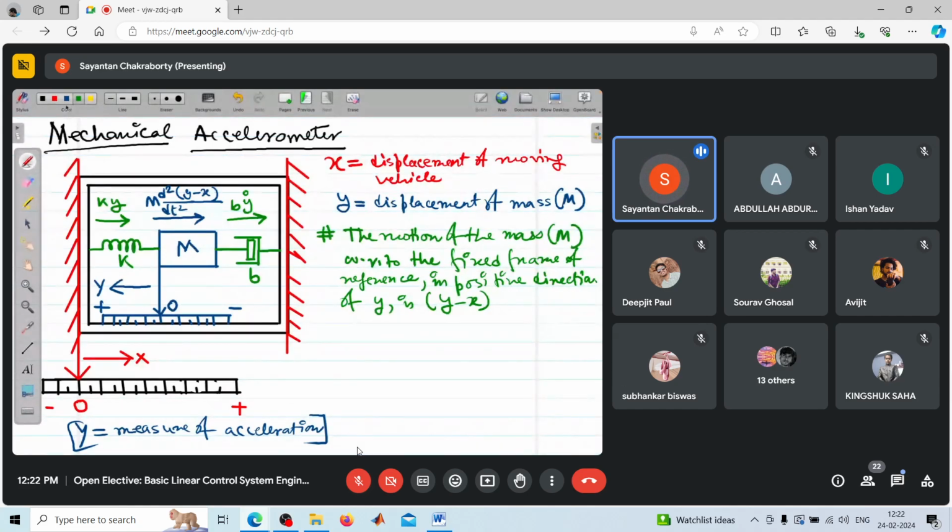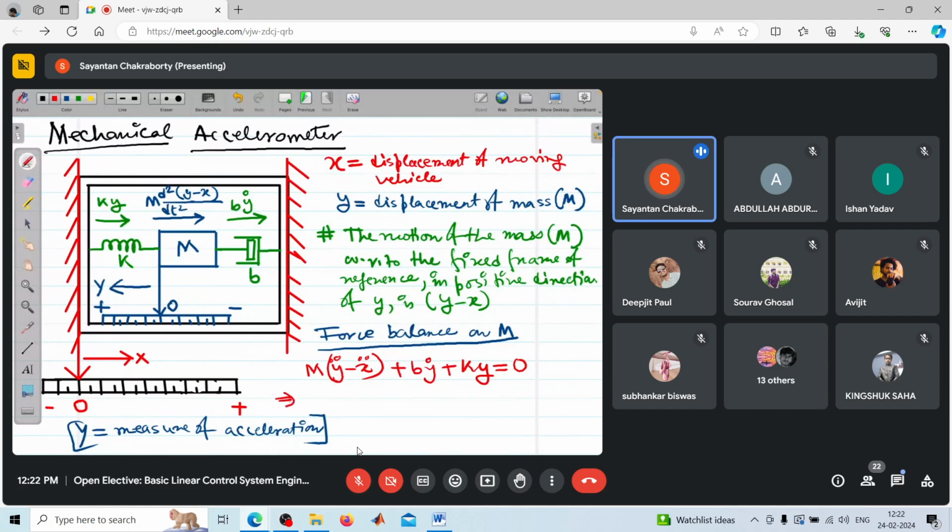So by force balance on the mass, what you can write, force balance on mass will yield m (y double dot minus x double dot) plus b y dot plus ky is equal to 0, right?